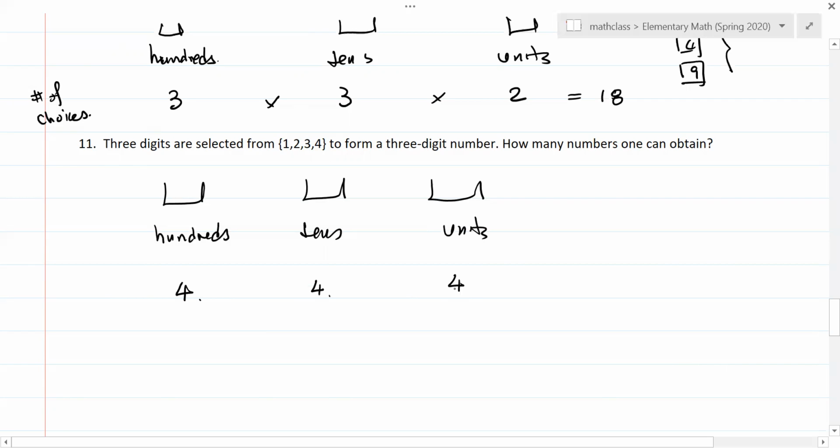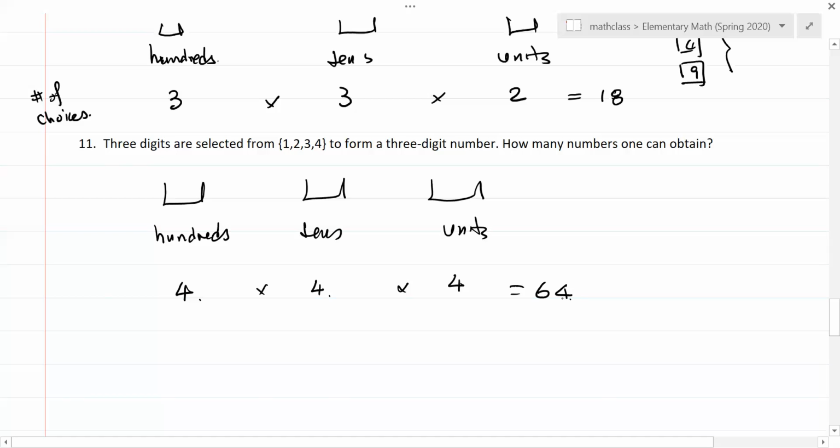So the total is going to be 64. When we say 3-digit number without saying that the digits should be different, they can be repeated. So you get 64.